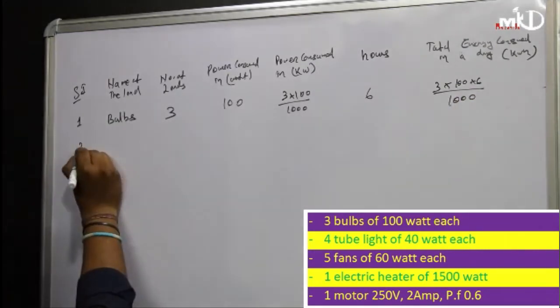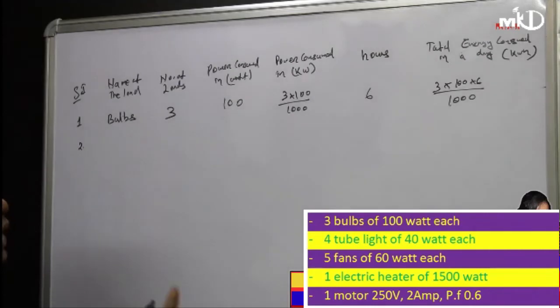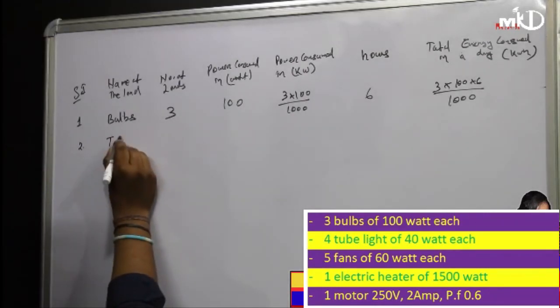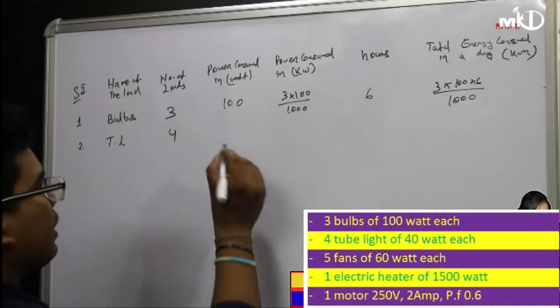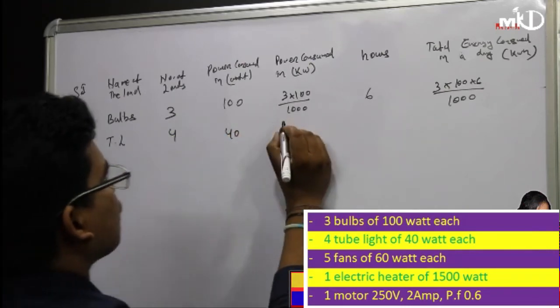Next load is tube lights. Number of tube lights, then 40 watt each. So power consumed is.